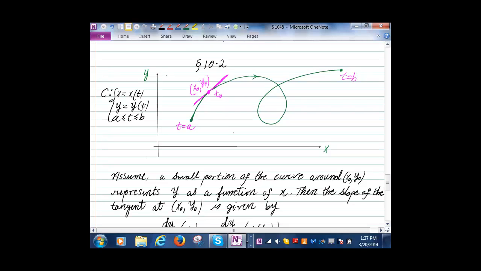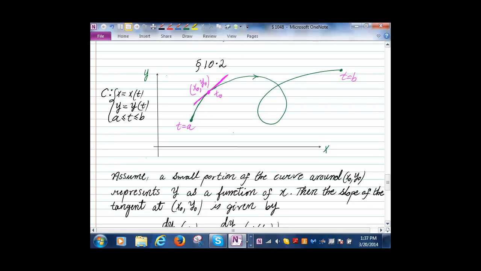So let's say I have a curve C here, and the curve C is given by x is x of t, y is y of t, and time progresses from A to B, let's say. And then I have this green curve, that's the path of the moving object, let's say.